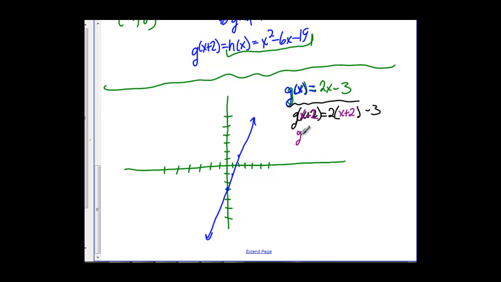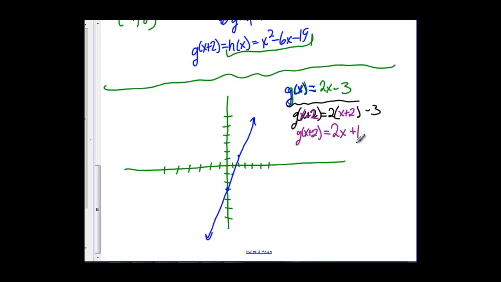So we get g of x plus 2 equals 2x plus 4 minus 3. Are you guys okay if I go ahead and do the plus 4 minus 3 all together and get a plus 1? Is that all right?